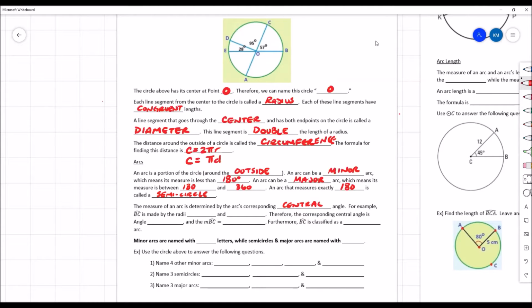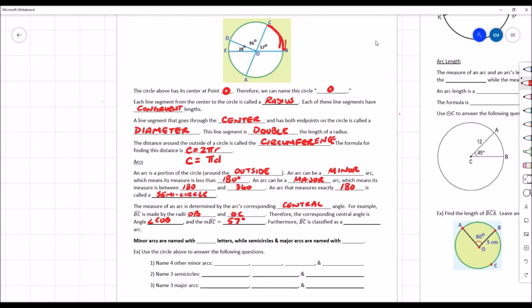For example, arc BC, we're talking about BC up on the diagram, is made by the radii OB and OC. And therefore, the corresponding central angle is angle COB, which is 57. And the measure of arc BC is 57.